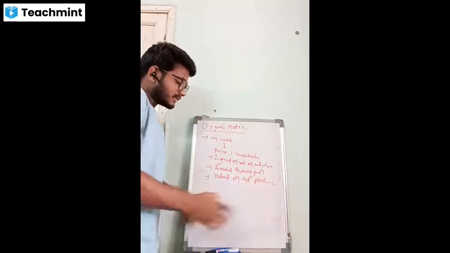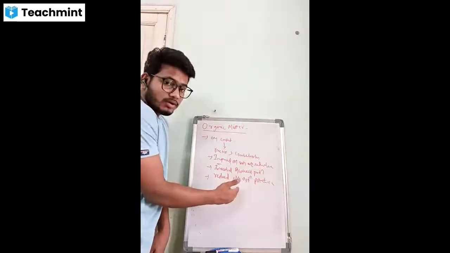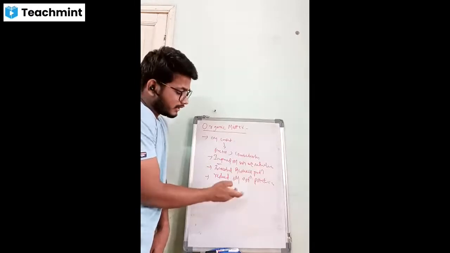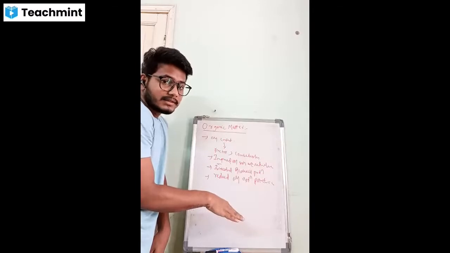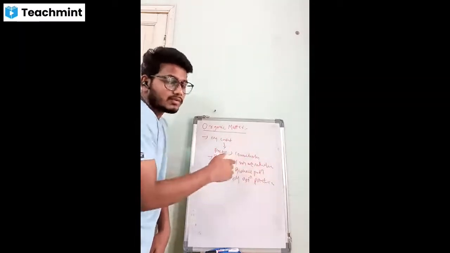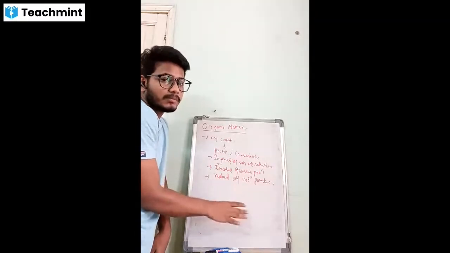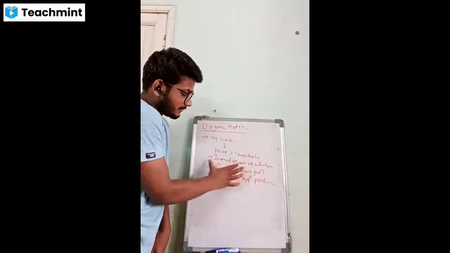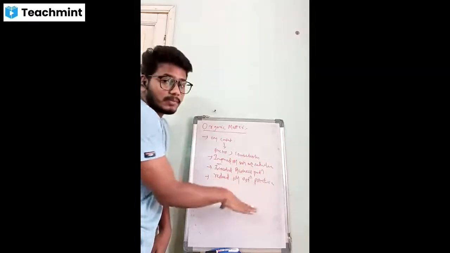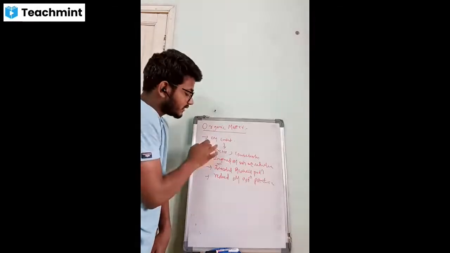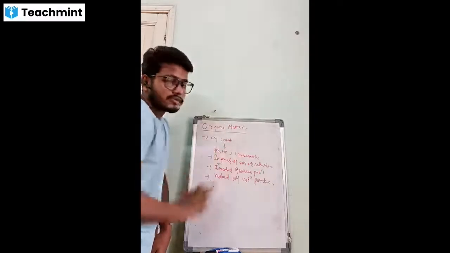Because if our organic matter is oxidized, it undergoes mineralization, and then the organic matter content will be low. But in the case of fine texture soil, the oxidation potential is low. Due to this reason, the organic matter content is higher in fine texture soil rather than coarse texture soil.